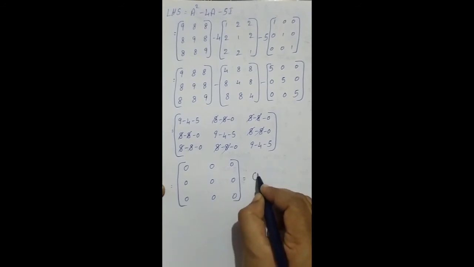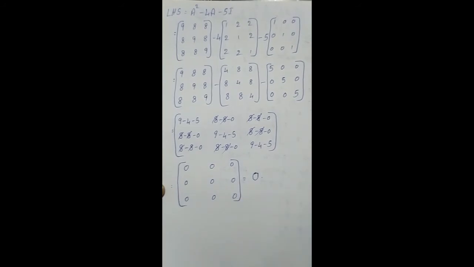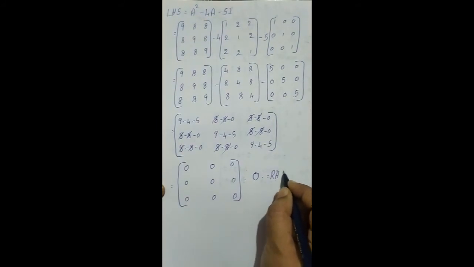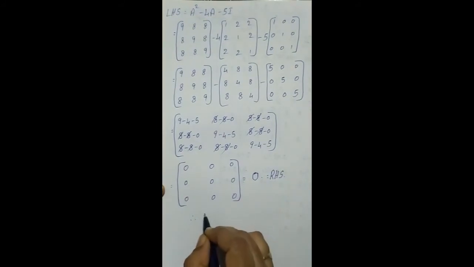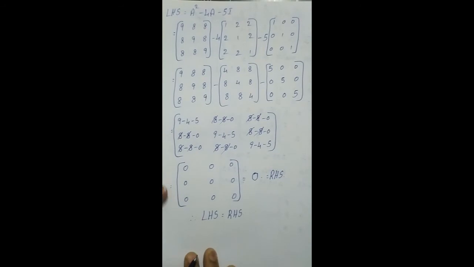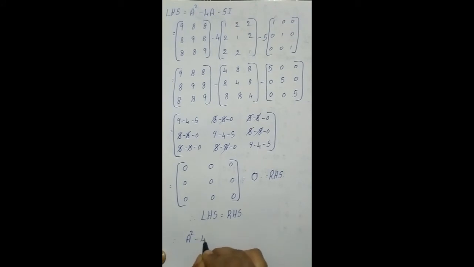Then that matrix is the null matrix denoted by 0, which is equal to the RHS of the given statement. Therefore, LHS equal to RHS. That is, A square minus 4A minus 5I is equal to 0. This is the problem solution.